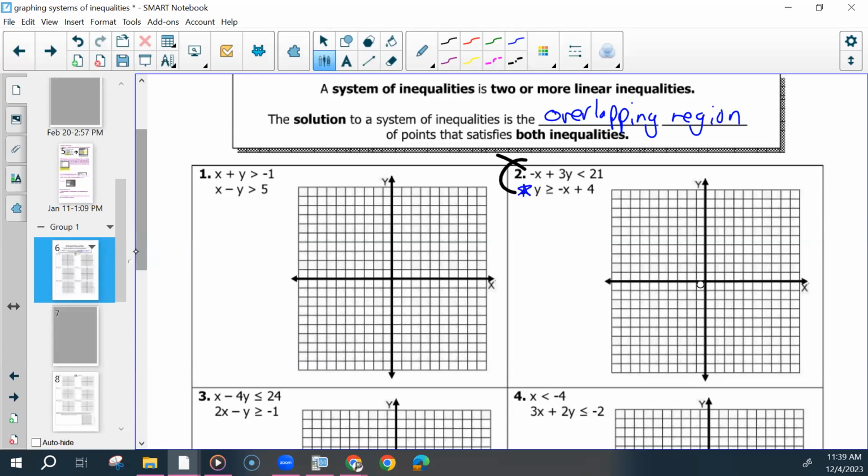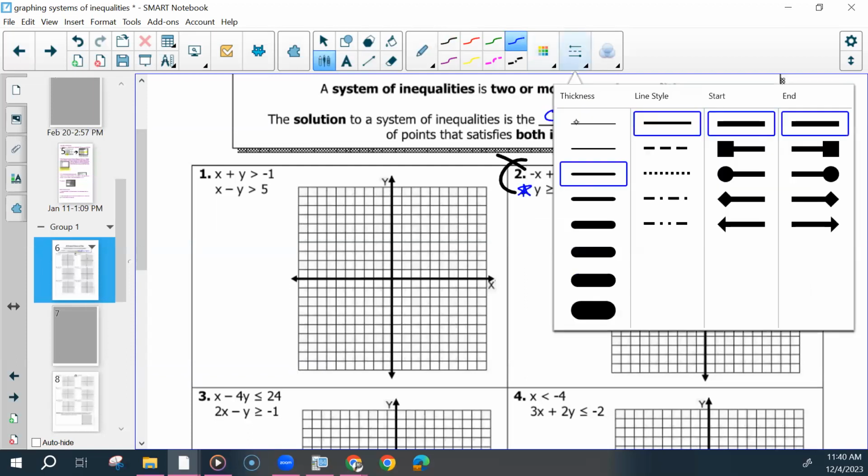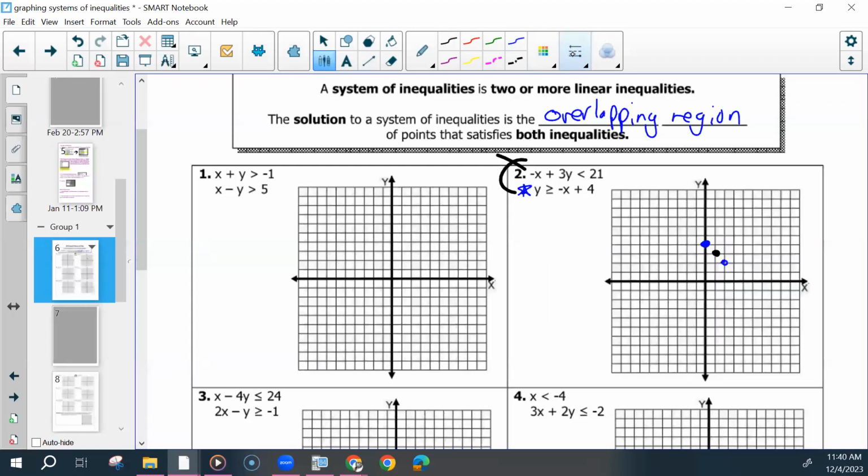Start at positive 4. What's your slope there? For this one? Negative. We're going to go down 1, right 1, as many times as possible. Fill up your graph, it'll be a lot of points. And up 1, left 1, as many times as possible.